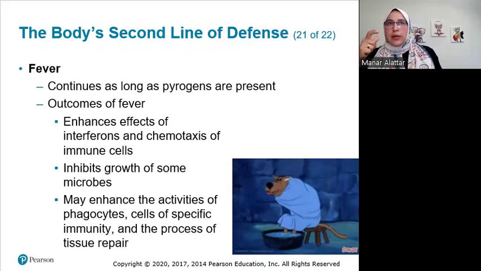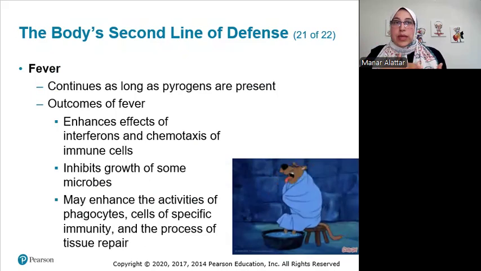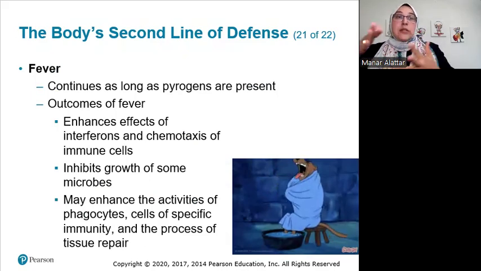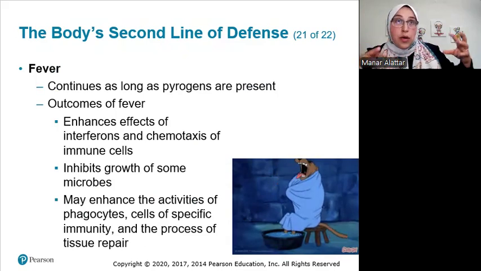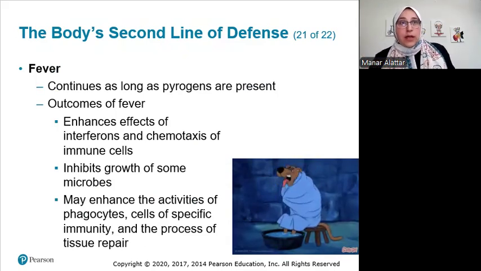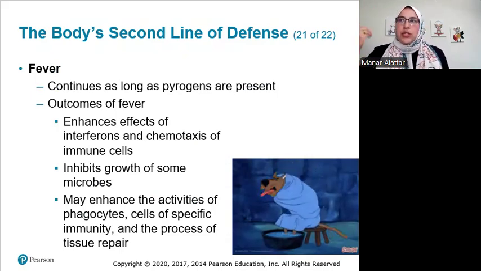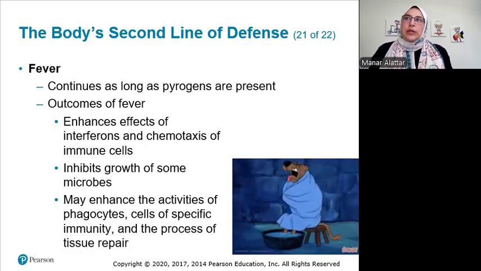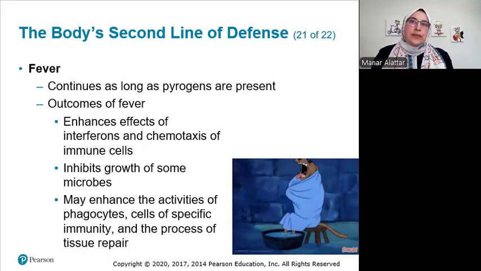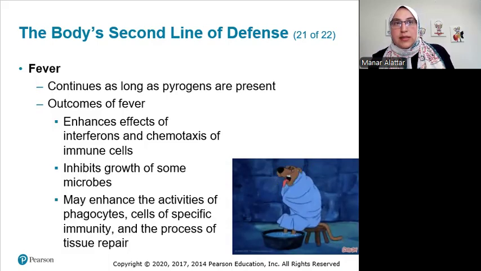That increase seems to be associated with increased metabolic activity, increased movement of white blood cells throughout our body so they can get to the site of infection, and an increased ability of those white blood cells to do their job. In that way, they take out the infection and heal the body through recovering cell tissue damage. So fever, although uncomfortable, can actually be a really important part of our immune system response.